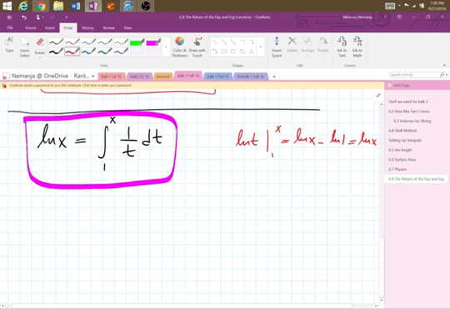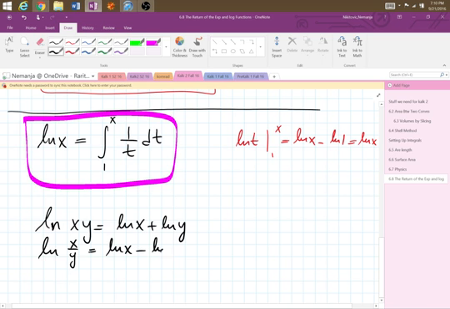Now you can use this to prove all of those identities that you guys had for logs. Let's say ln xy is ln x plus ln y. ln x over y is ln x minus ln y. And ln x to the p is p ln x.